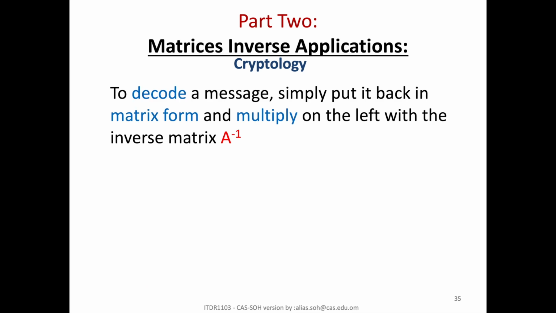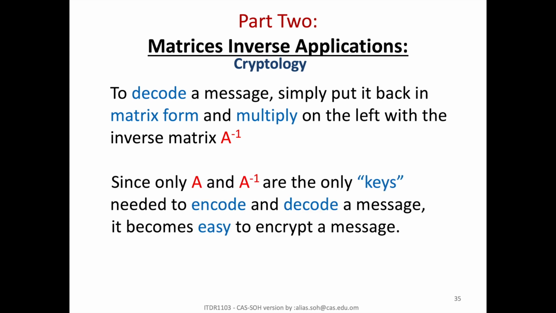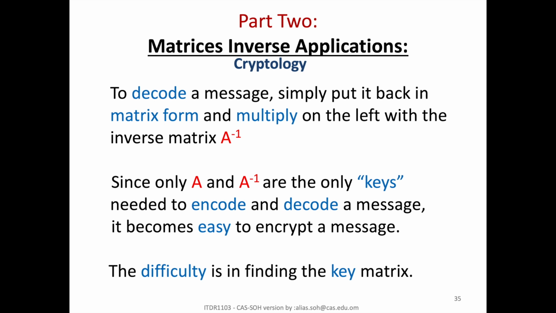To decode a message, we simply need to use the inverse. Alright, so if you notice here, the really important thing in encoding and decoding is the key, which is the matrix used to encode and decode.